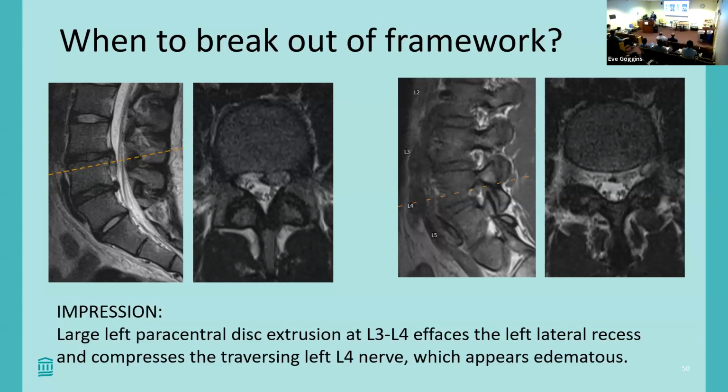Left paracentral disc extrusion at L3-4 faces the left lateral recess and compresses the traversing left L4 nerve, which appears edematous. So now the insurance robot person going, oh, mild, mild, mild, denied, is not going to be able to deny it anymore because we described that the nerve is compressed and edematous.